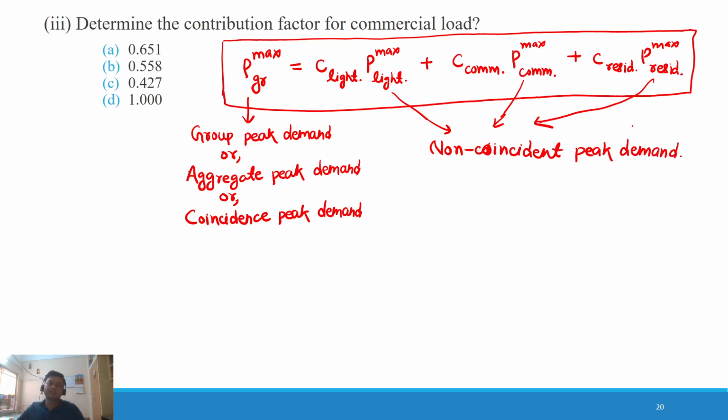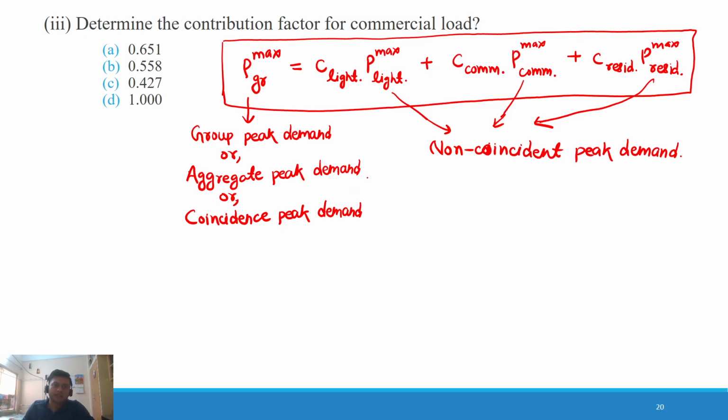For different classes of customers or loads, they have different maximum demand from the utilities, while the feeder has a different peak demand, as we will see in this concept.